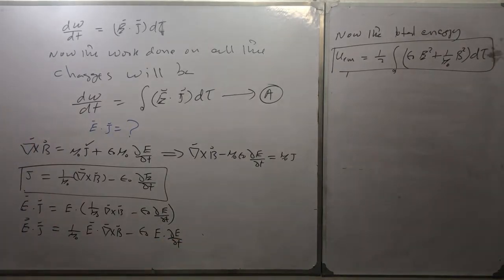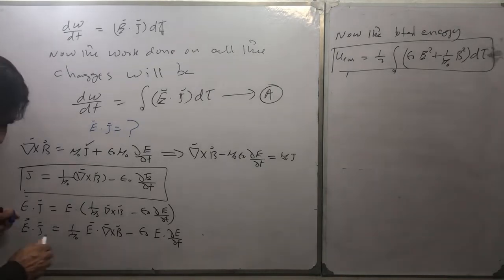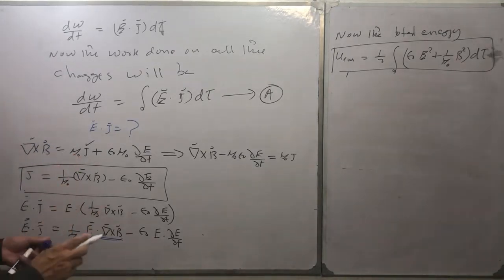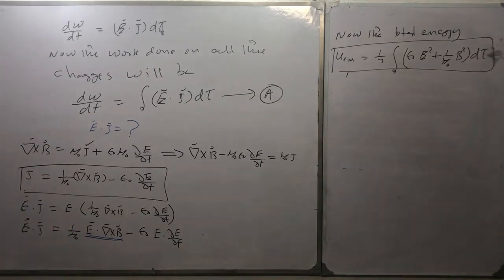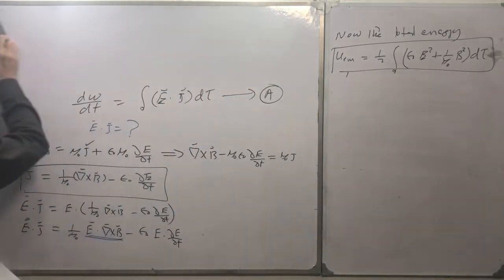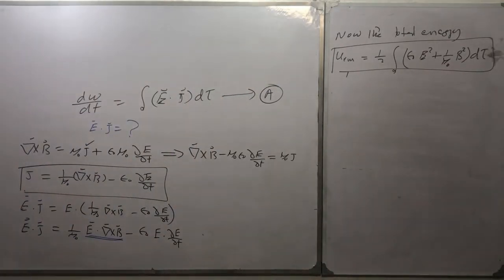In this equation, we need to find E dot (del cross B). And how will we find this? We will use an identity.